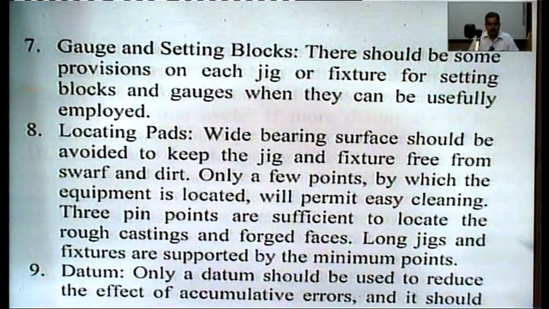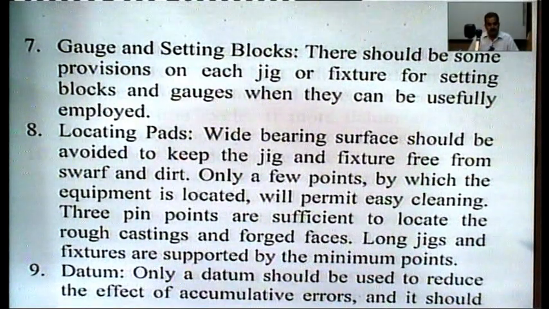Only a few points by which the equipment is located will permit easy cleaning. Three pinpoints are sufficient to locate the rough casting and forged surfaces. Long jigs and fixtures are supported by minimum points.